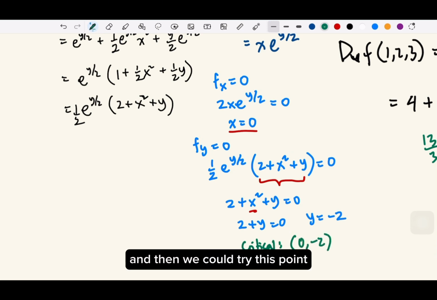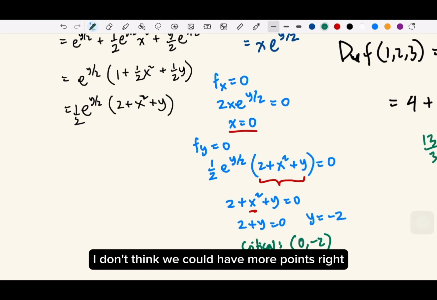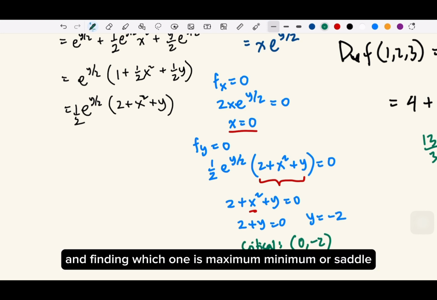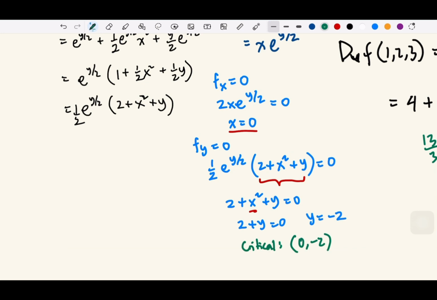Okay, and then we could try this point. I don't think we could have more points, right? So we could start from this point here, and then check and find which one is maximum, minimum, or saddle. So how do we check?